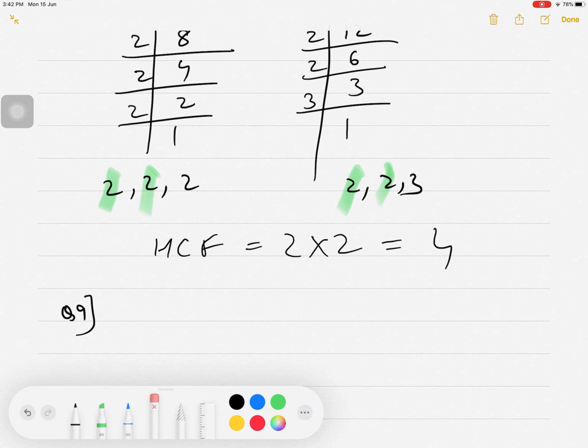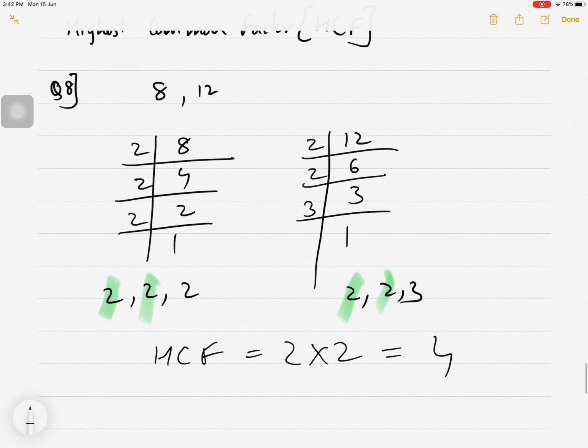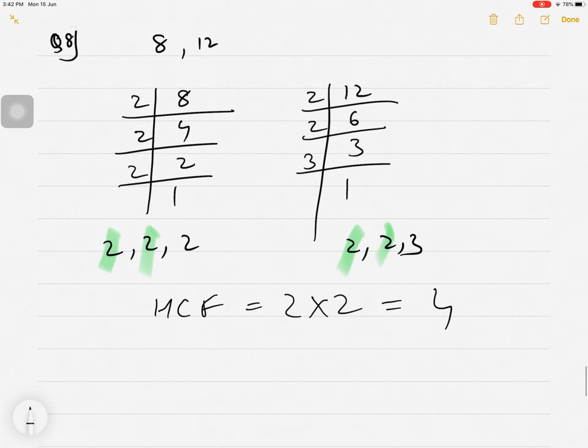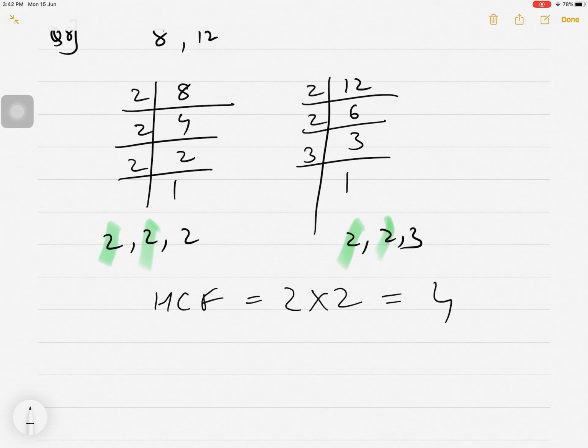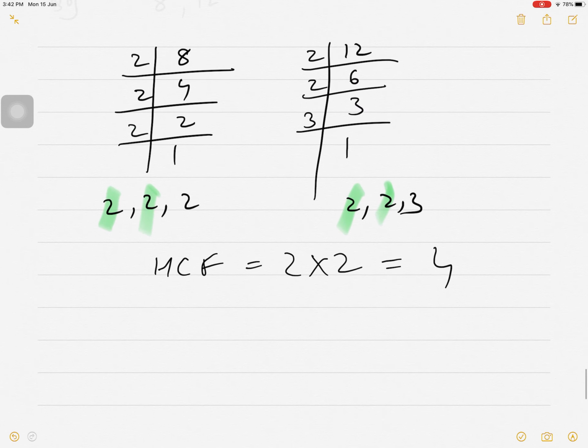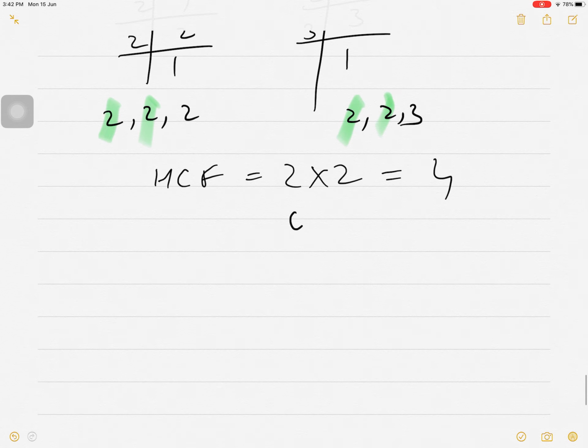There's another way of solving also. I'll just show it to you all, but I want you all to follow this method only. Okay, the other way is, let's see what are the factors of 8. 8 into 1 is 8, and 8 and 1 are the factors of 8 for sure, right?